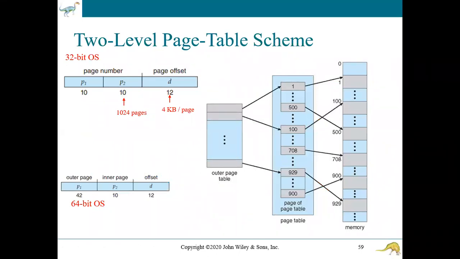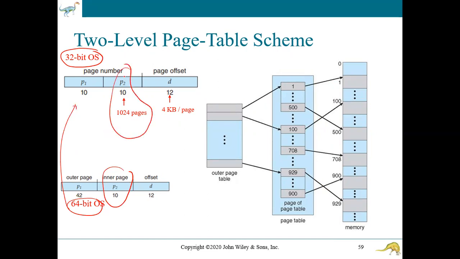So outer or inner. If you use a 32-bit operating system or 64-bit operating system, a 64-bit operating system is supposed to be able to pinpoint each address of a 32-bit operating system because 64-bit is bigger. So the inner page requires only 10 bits.